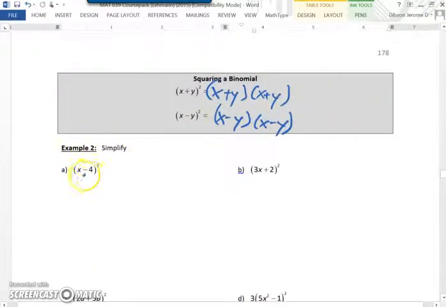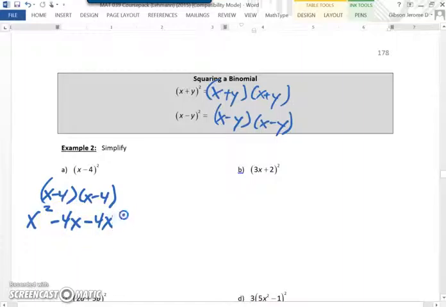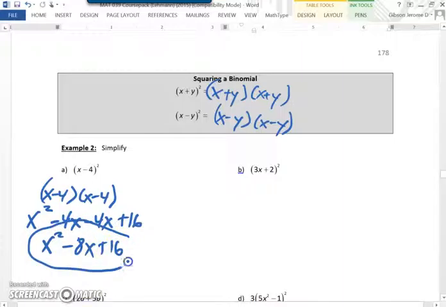Okay, so now we will have x minus 4 times x minus 4, because this is (x minus 4) squared. So now we will have x squared minus 4x plus 16. As you all know, this is the distributive property. We don't have to show every step every time. So this would be x squared minus 8x plus 16. And that would be your final answer.